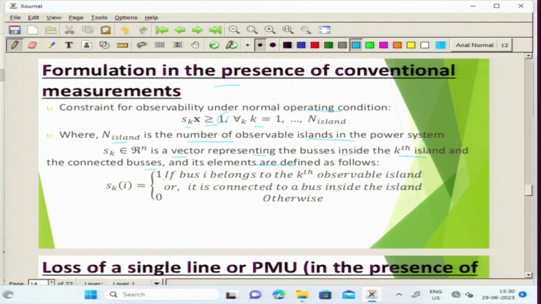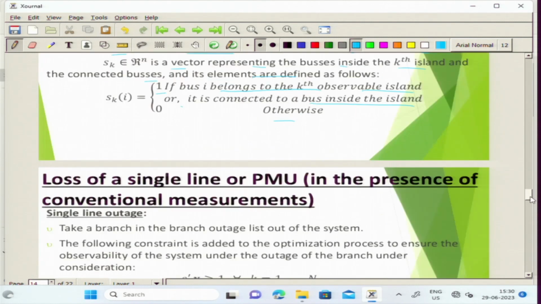Sk(i) is equal to 1 if bus i belongs to the kth observable island or it is connected to a bus inside the island, and it is 0 otherwise.